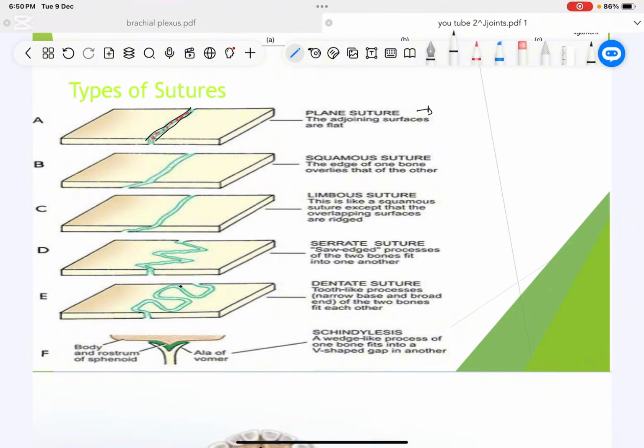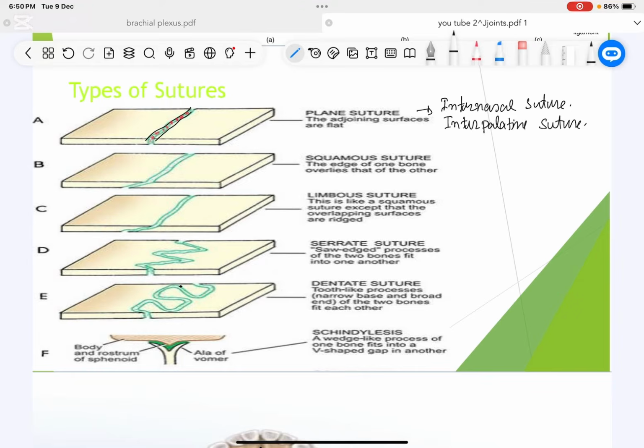If your examiner asks you to give an example of a plane suture, you can say internasal suture, or you can say interpalatine suture. The hard palates from both sides make a suture in the midline.